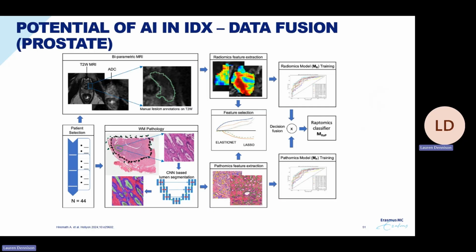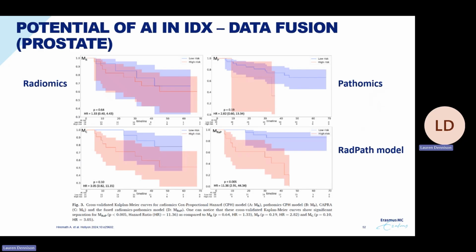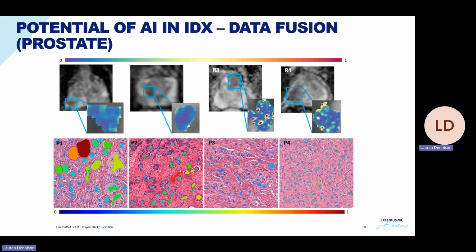In essence, having a radiomic and a pathomic model, and then at the end a more statistics-based fusion to create what they call the radiopathomics classifier. Again, the RadPath model outperformed both the radiomic and the pathomic model with a very remarkable hazard ratio of around 11. So I think there is real benefit in potentially introducing this into clinical practice.